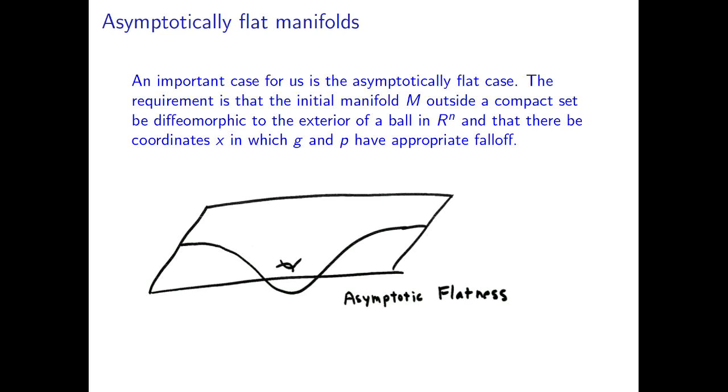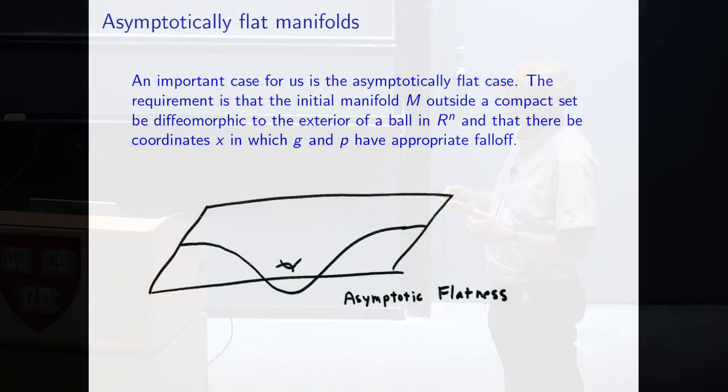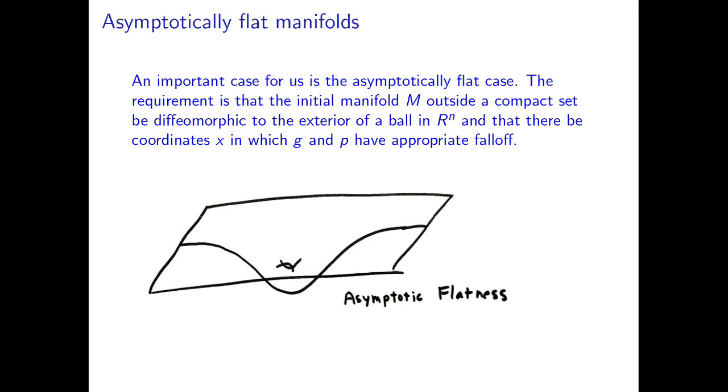I won't specify the exact fall-off, but what it means is if I remove from M a compact set, so the set that contains the topology, then the part near infinity looks like the exterior of a ball in Rn, and the metric falls off to the Euclidean metric at some rate, along with some derivatives, and the second fundamental form falls off to 0, okay, at some rate. And again, I'll talk a little bit more about the rates that are needed later. And so that's the second boundary condition that I'm going to consider in the talk.